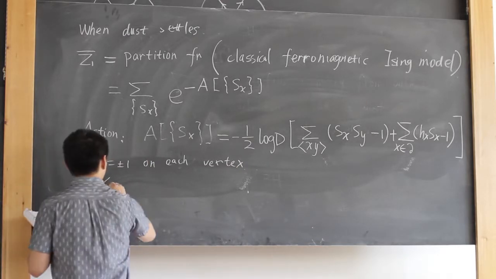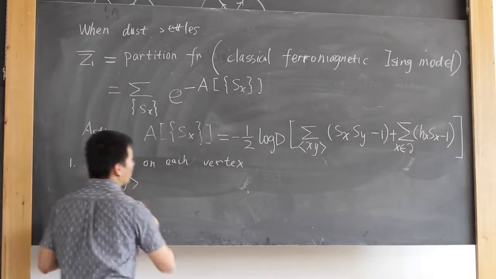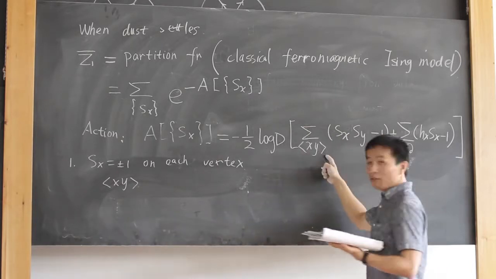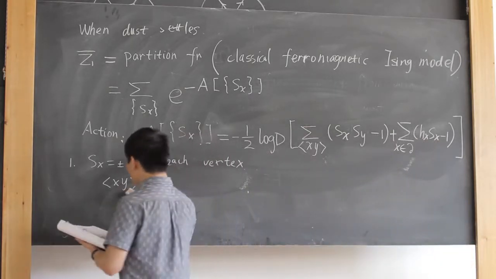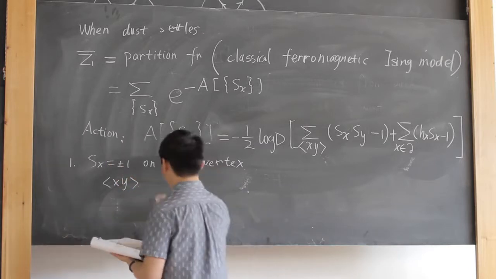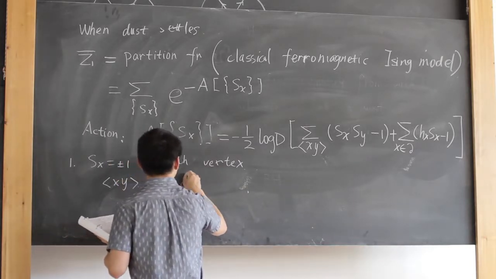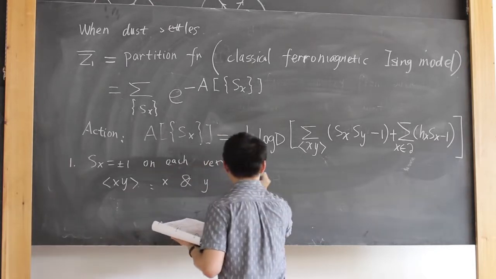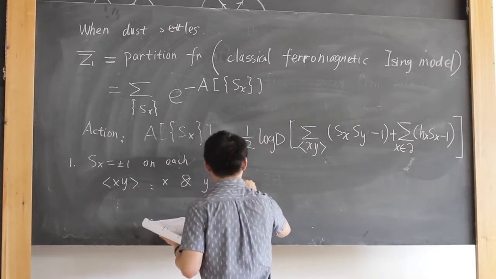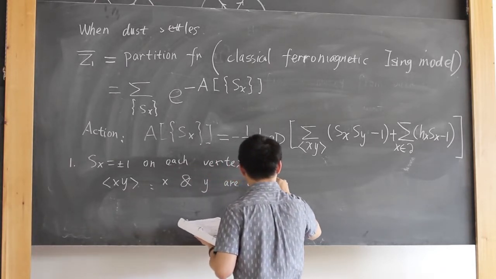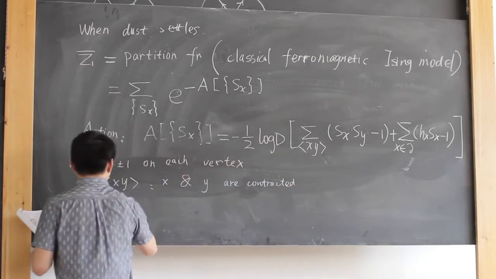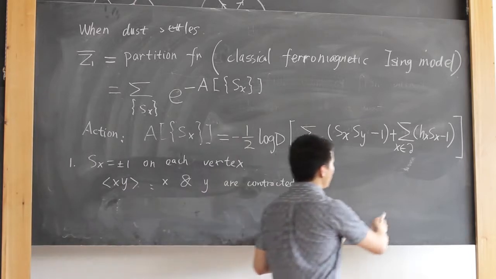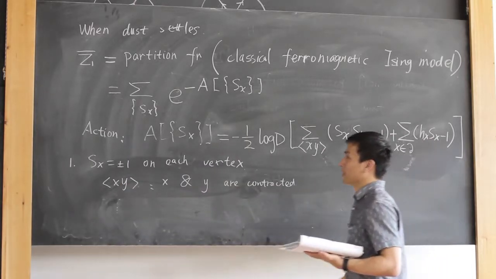The sum here is over all the edges of the network, where x and y can be thought of as nearest neighbors, the two vertices of the graph that are contracted. x equals boundary means x is a boundary point.